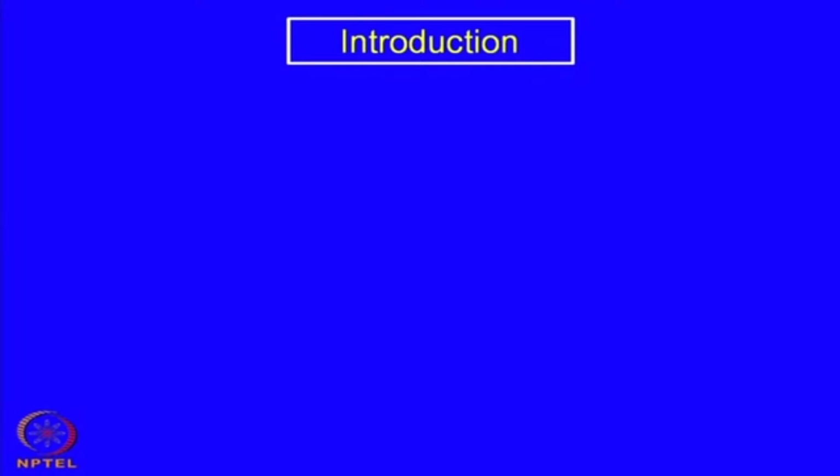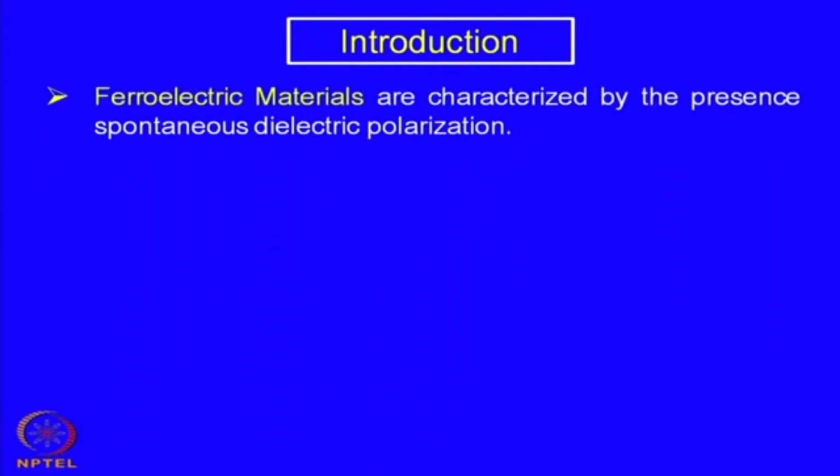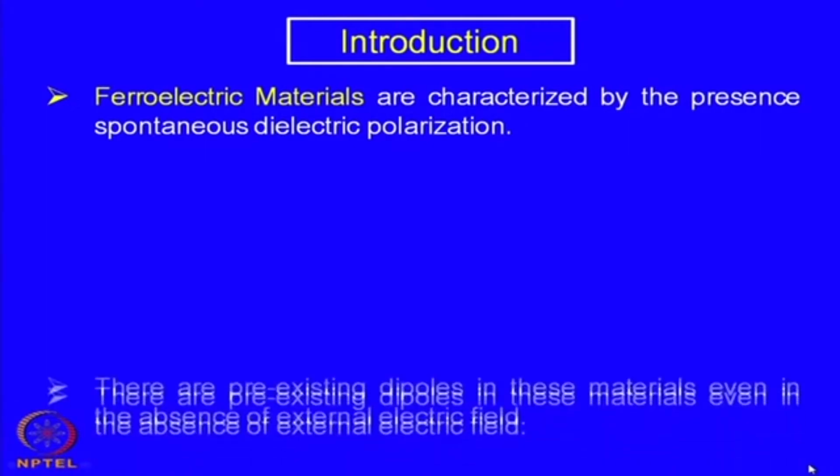However, besides ceramics there are many other ferroelectric materials which are known. In fact, ferroelectric materials in general are characterized by the presence of spontaneous dielectric polarization as I have just mentioned. So, even without the electric field they have their own polarization.